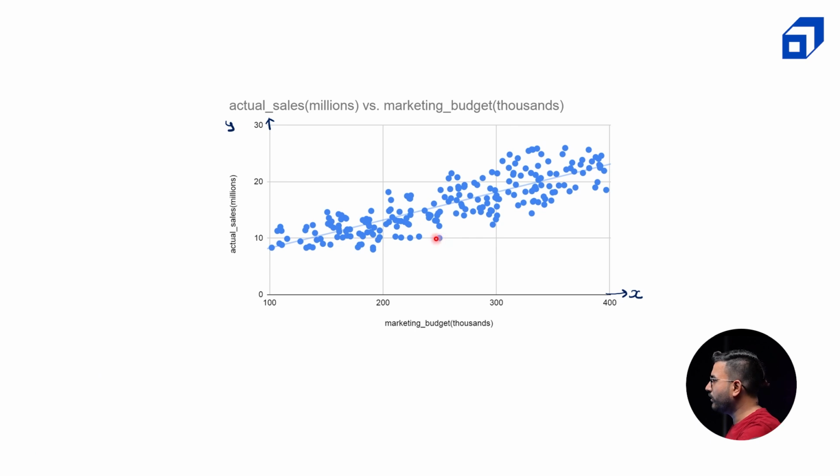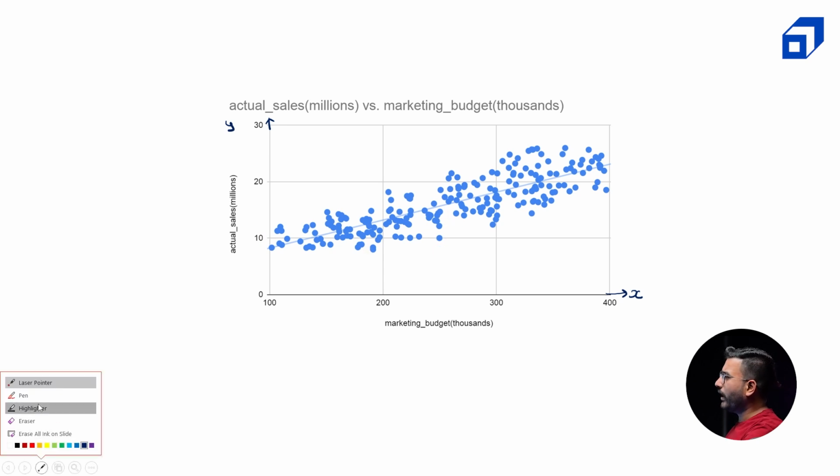So for example, this is around 250,000, and corresponding to this, what is the sale? It is around 10 million. So when we invest $250,000, we can get a sale around $10 million. This is the relationship, right?